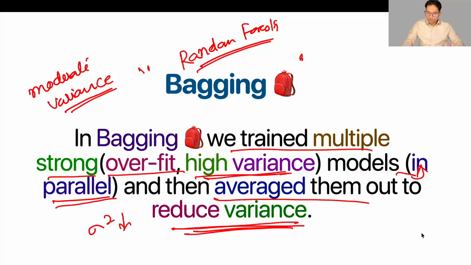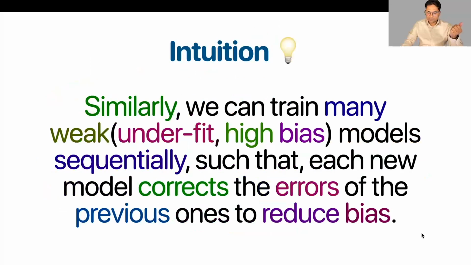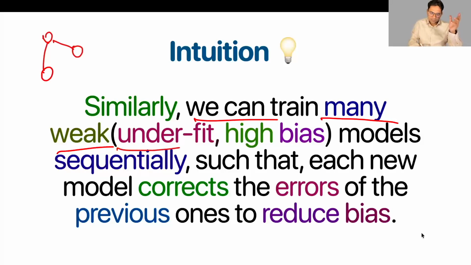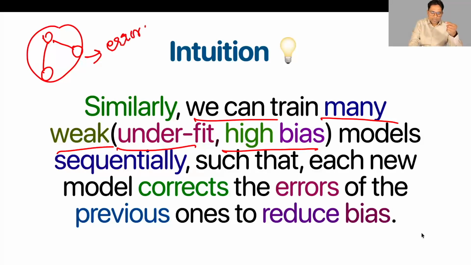Okay, what does boosting do? Boosting does something similar but in a different way. Similarly, we can train many weak models. So earlier they were overfit models, high variance. Now we can train high bias models, very simple models, underfit or high bias models, and we can do them sequentially. Why sequentially? So we train one model and we get some error, and the next model that we train will only be trained on the remaining error.